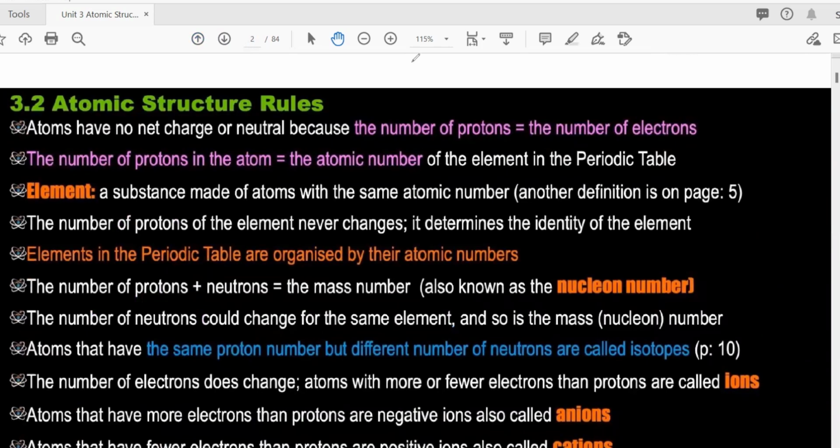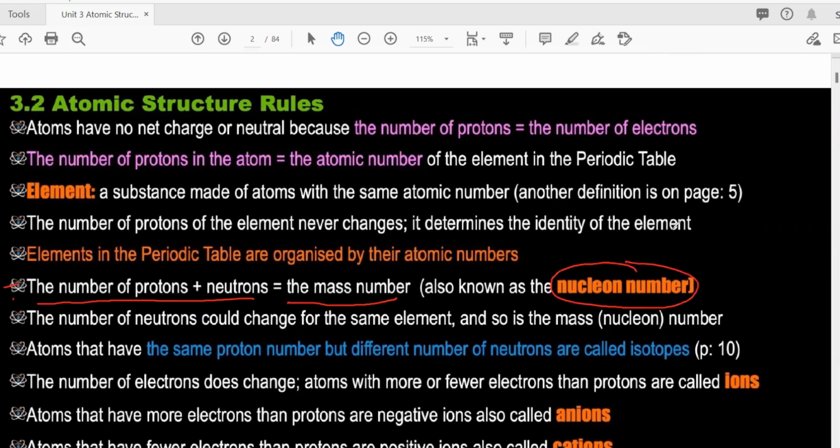Now they're saying the next thing: the number of protons plus neutrons together are known as the mass number. Mass number is also known as nucleon number.